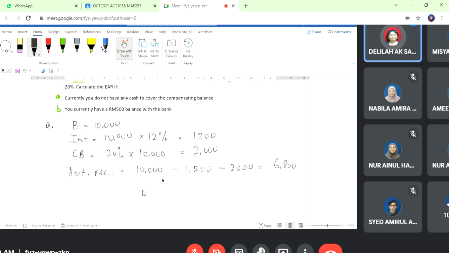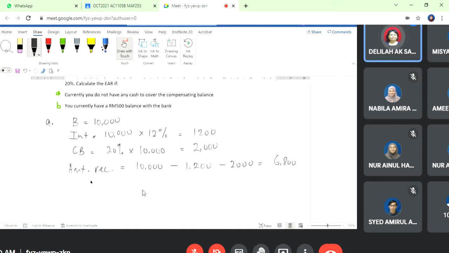So what is the effective annual cost or effective annual rate? So we take interest divided by amount received, 6,800. So what happened? What's the, how many percent?